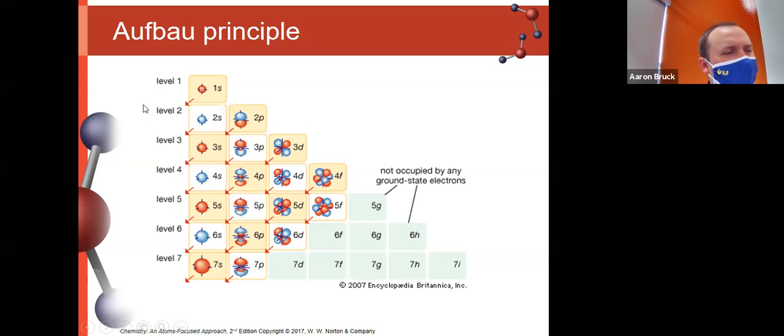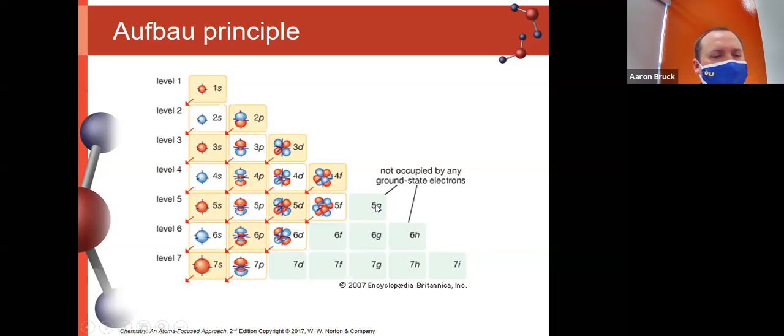If you follow it, you can see that we have our 7 energy levels that correspond with the 7 rows of the periodic table. And we can see every single energy level adds one new possible set of orbitals.